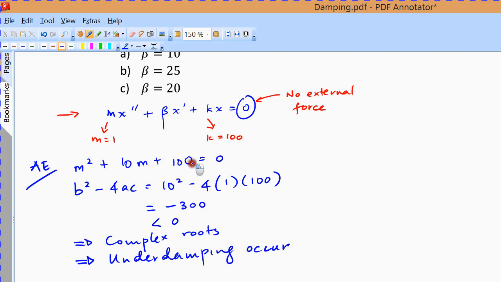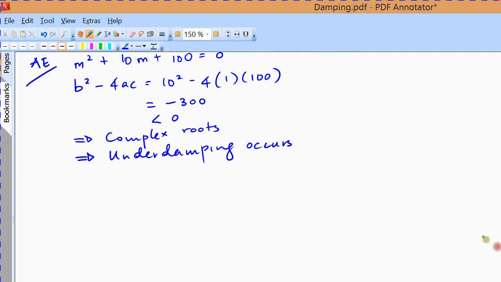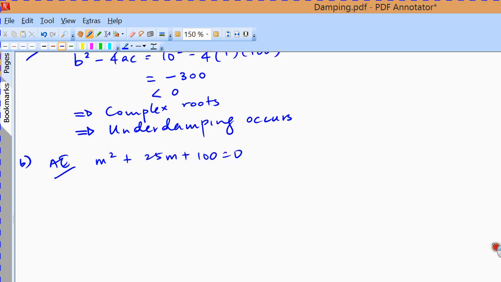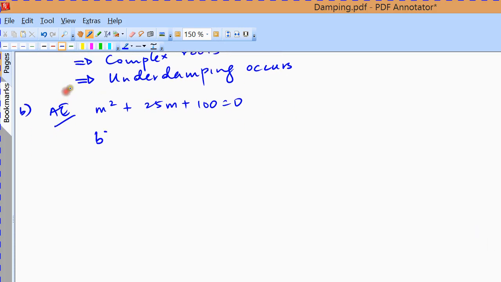Now for question B, β is 25 and our auxiliary equation is m² + 25m + 100 = 0. Now b² − 4ac in this case is 25² − 4 times 1 times 100.